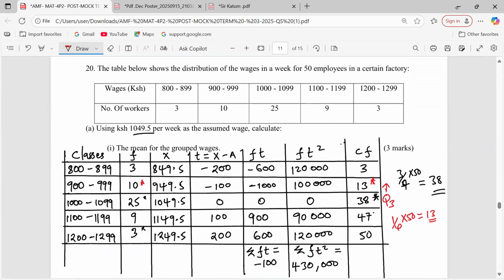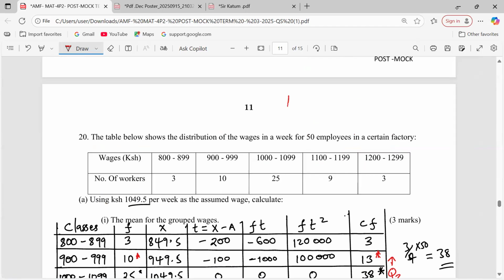It's good for me to also talk about how we arrive at the lower boundary of a given class. To arrive at the lower boundary, we take the lower limit of this class plus the previous upper limit, and we divide by 2.